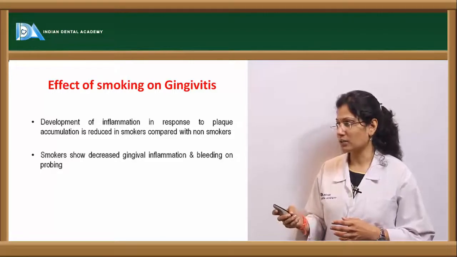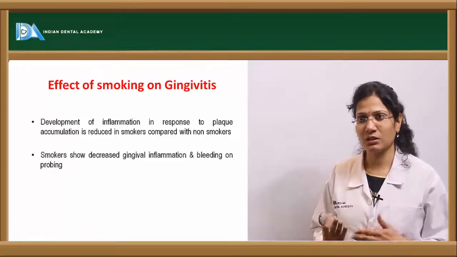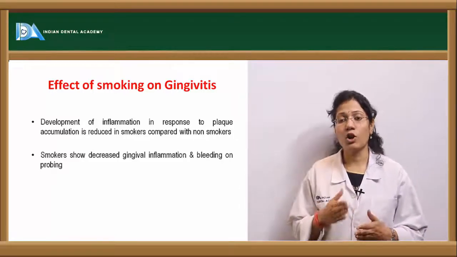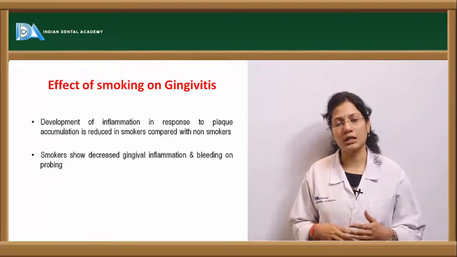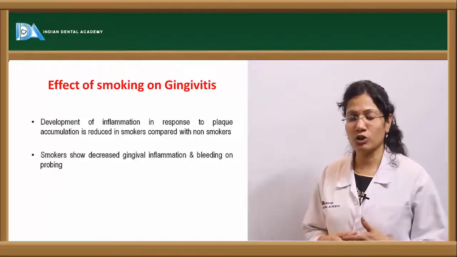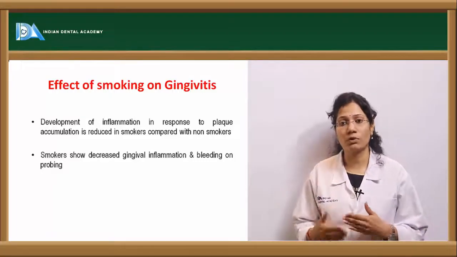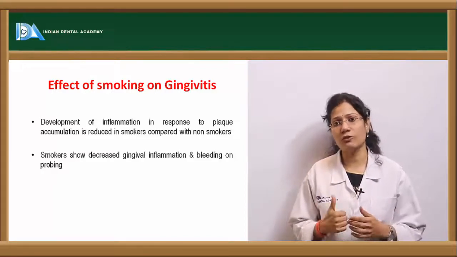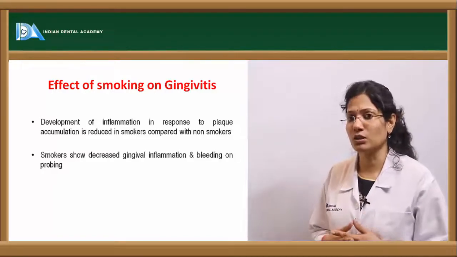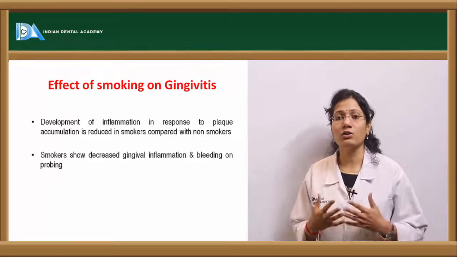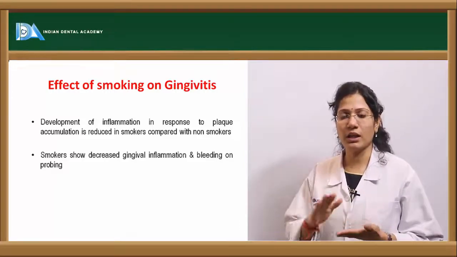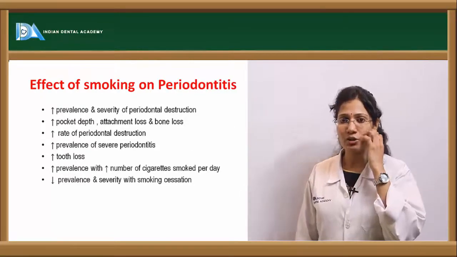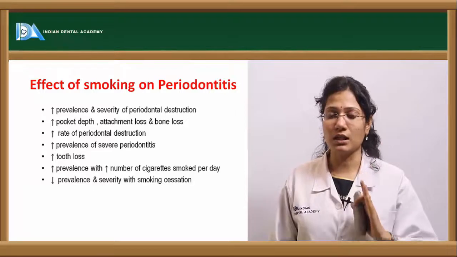If you compare the development of inflammation in smokers with that of non-smokers, non-smokers have more clinical signs and symptoms of gingival inflammation, or the inflammatory signs are more pronounced in non-smokers, whereas they are masked in smokers. So in smokers, you don't find more signs of inflammation. They are masked.